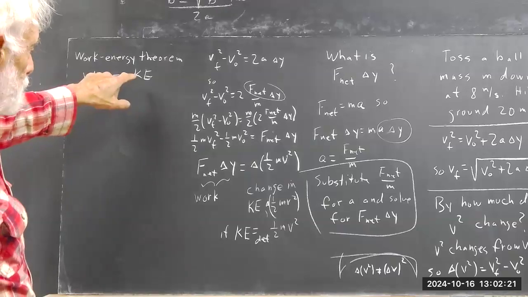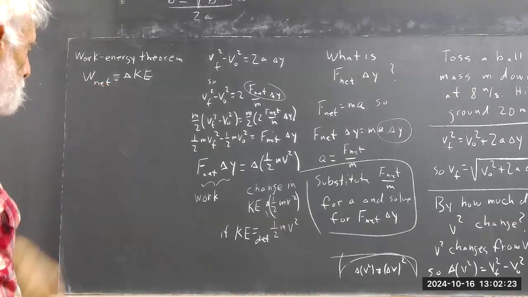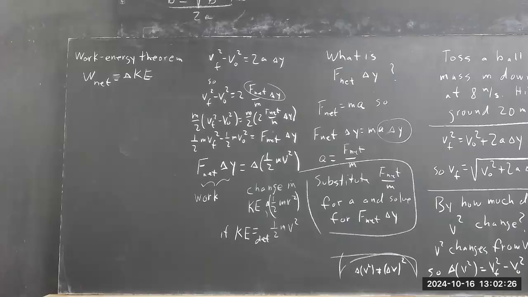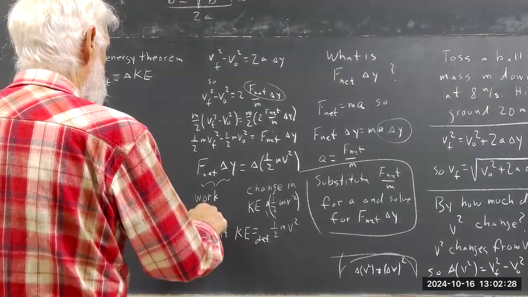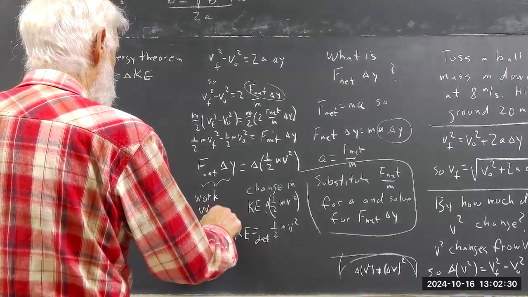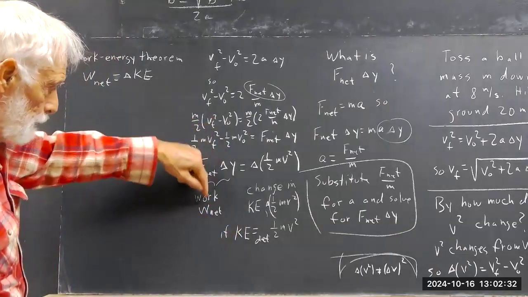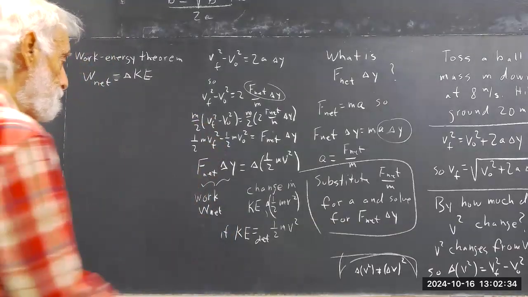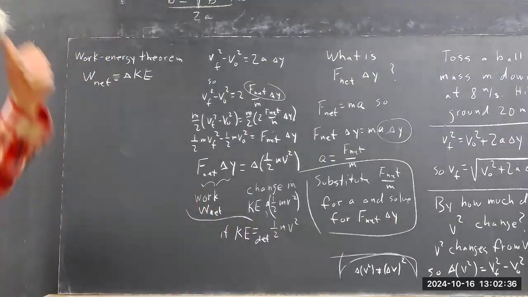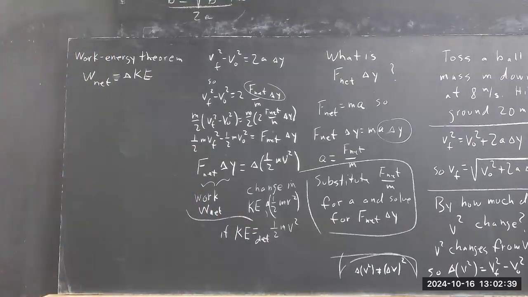Work done by the net force equals delta KE. Now, I say this is work. I'll use the symbol W net because this is net force times your displacement. Okay? Make sense?